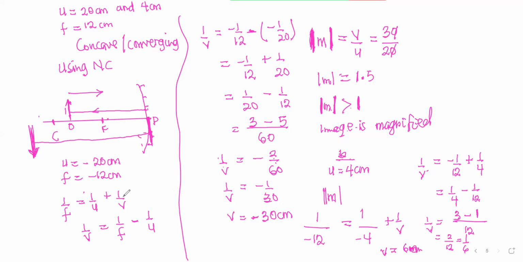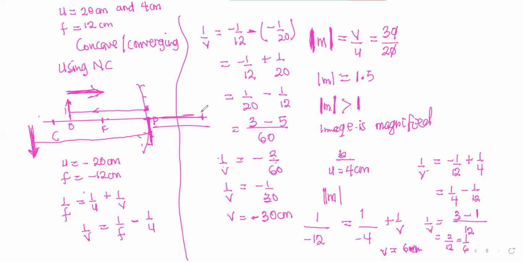And V being positive means that the image distance will be measured from a direction which is in line with the direction of the incident light. Look at the direction of the incident light. So we'll measure V, a distance of 6 centimeters from the pole. That's why it's positive.